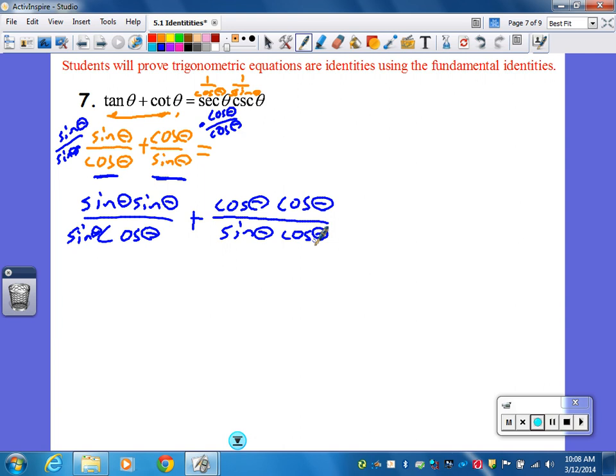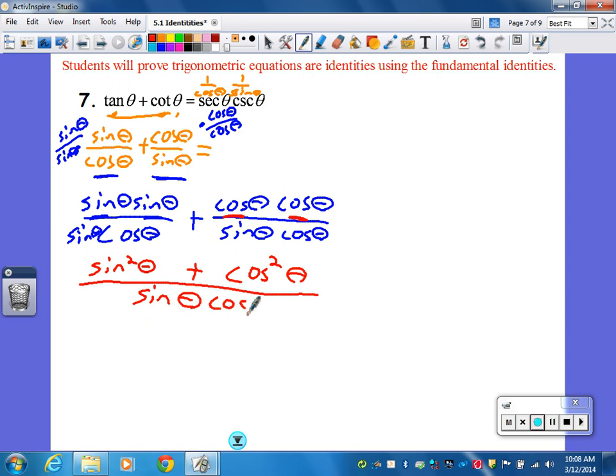Well, a sine times a sine makes a sine squared. So we have sine squared theta plus cosine times cosine is cosine squared theta. And since we have common denominators, we can put that all over sine theta times cosine theta. Okay, you should be asking yourself, something looks similar here that we've done before. Well, that's right. We've found this is 1.